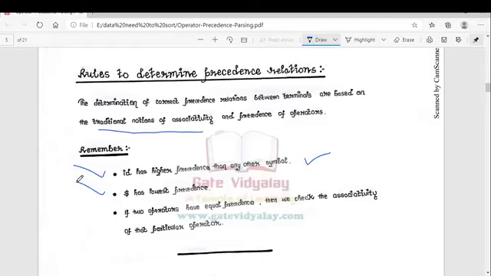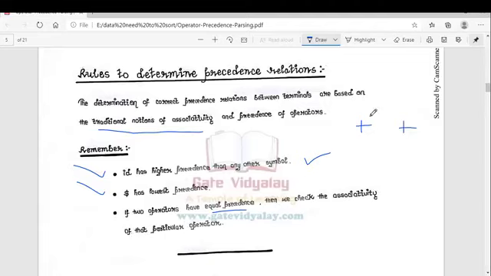These are some rules we have to remember: id always has the highest precedence, and the dollar sign should have the lowest precedence. If two operators have equal precedence, then we check the associativity of that particular operator.